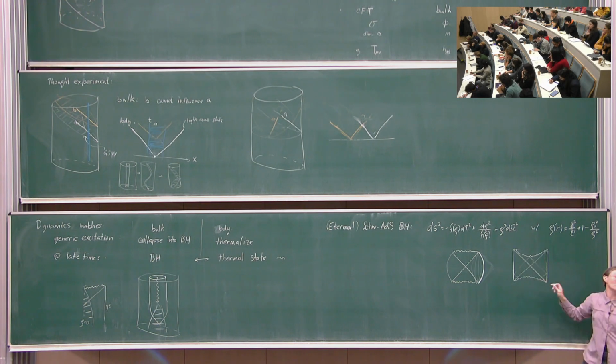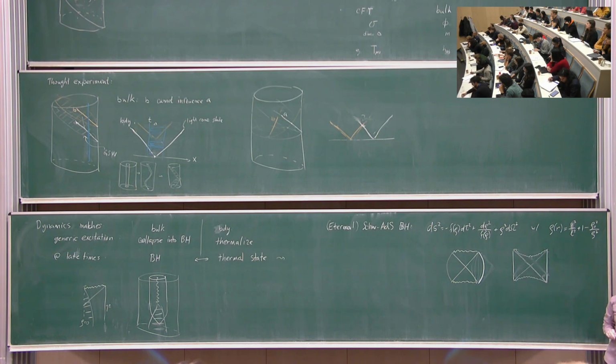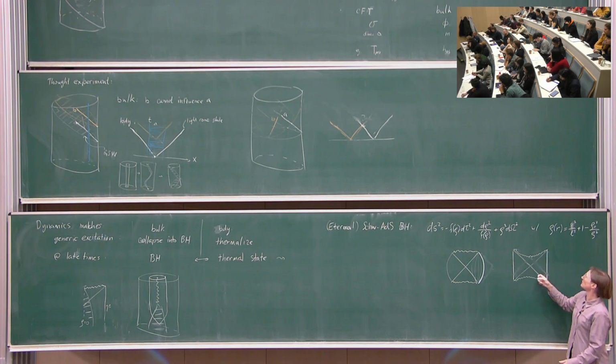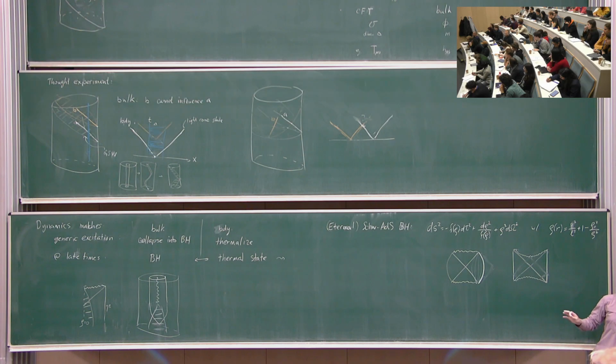And so it cannot be a square. So you can figure out how much, just do the proper conformal compactification to get a Penrose diagram. You find that if you keep the boundary straight, the singularity has to be bent. Okay, that's just a curiosity.